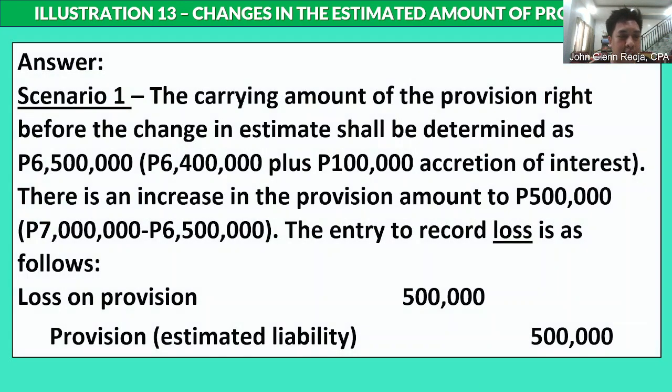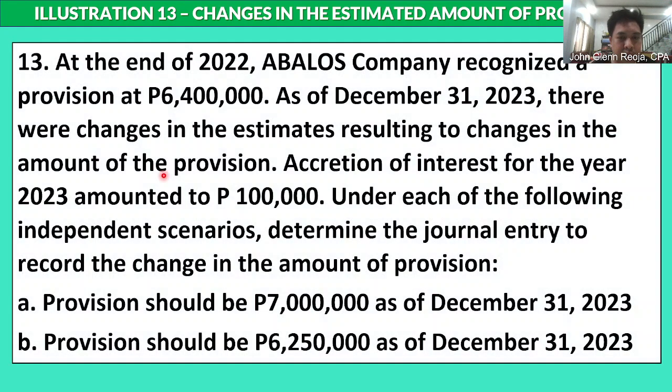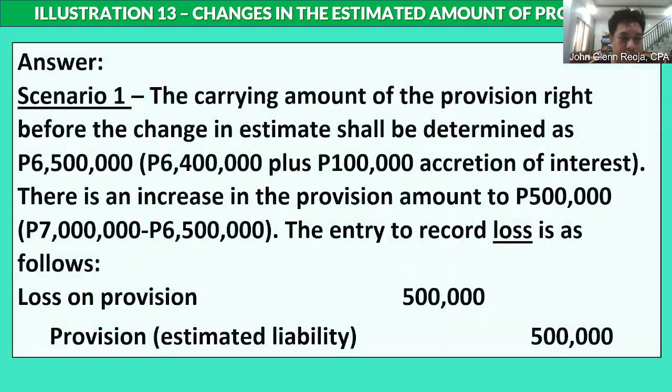So, how? The carrying amount of the provision right before the change in the estimate shall be determined as 6.5. Bakit 6.5? Kasi the carrying amount is 6.4, plus, since may accretion ng interest for the year 2023, we need to add the 100,000. So, 6.4 plus 100,000 accretion of interest, the carrying amount is 6.5.